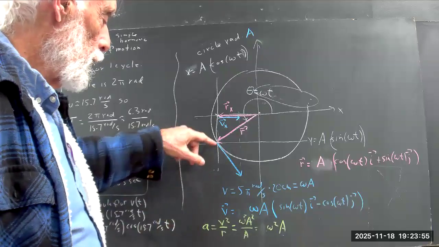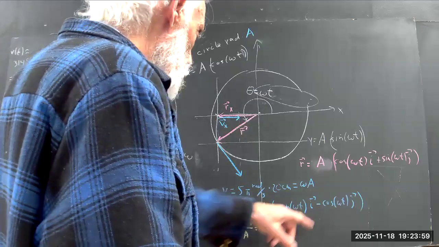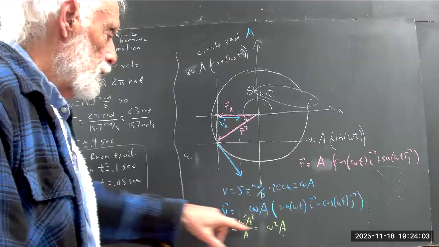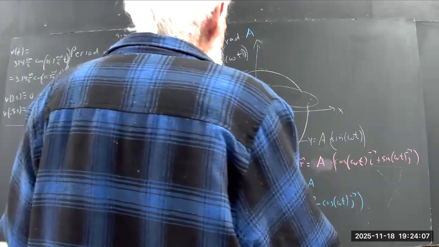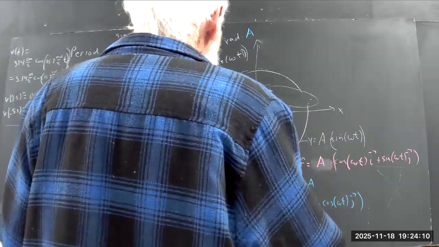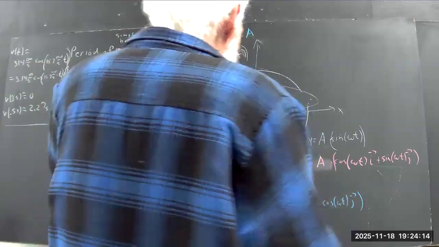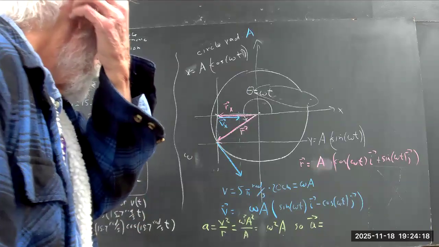The vector velocity is what we have here, but we don't use that. We get the magnitude of the acceleration. The vector acceleration is back toward the center.